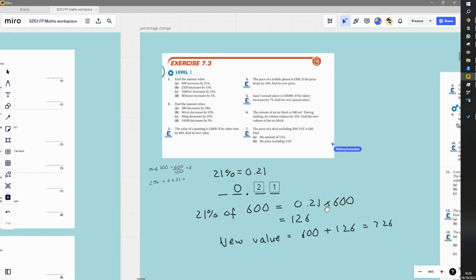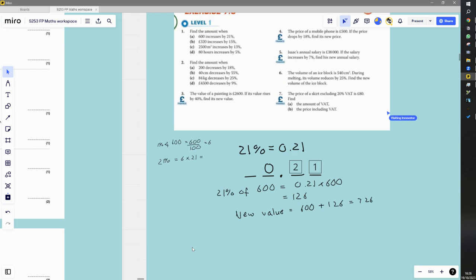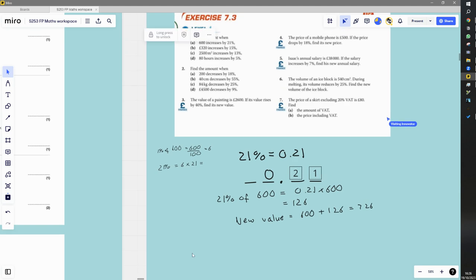But we can speed this up even more. So we'll still use the initial thing of 21% is 0.21, but okay, let's cut that as well. Now what we're going to think of is, if it has increased by 21%, then the new value is going to be 121% of the old value.